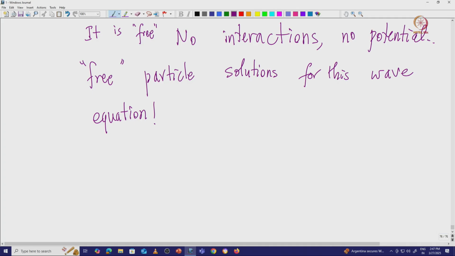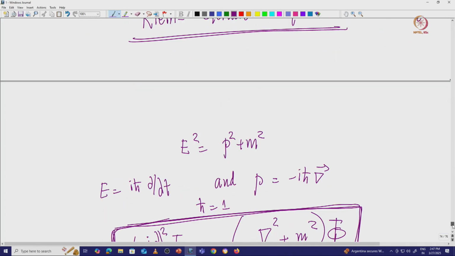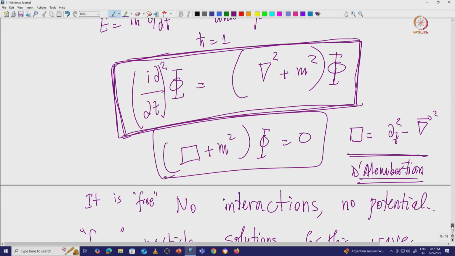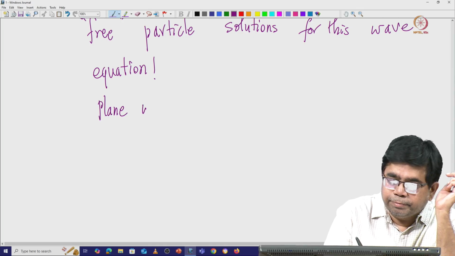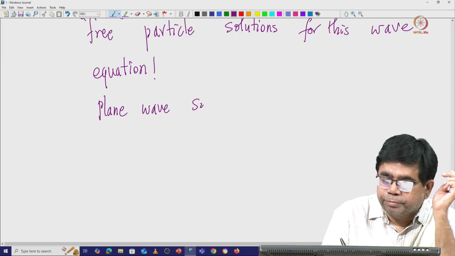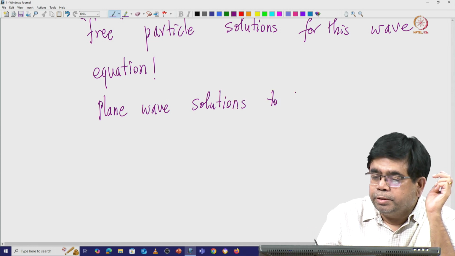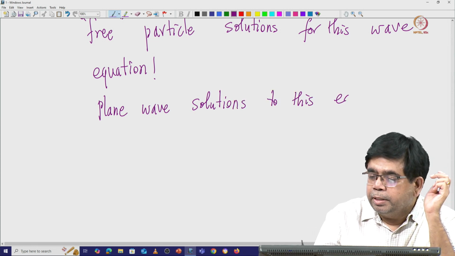In analogy with quantum mechanics and with any other wave equation, we would expect these equations to have plane wave solutions.